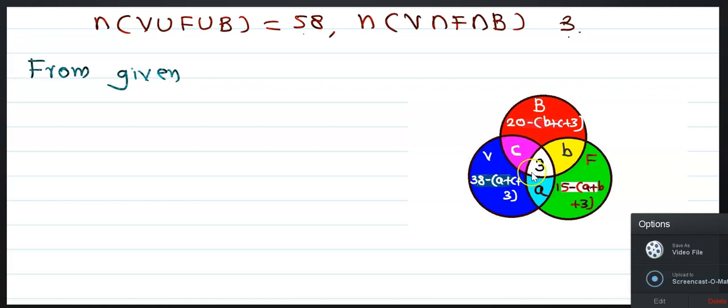Now 3. These are the students who got all 3 medals, that is, volleyball, basketball and football. Now see this.